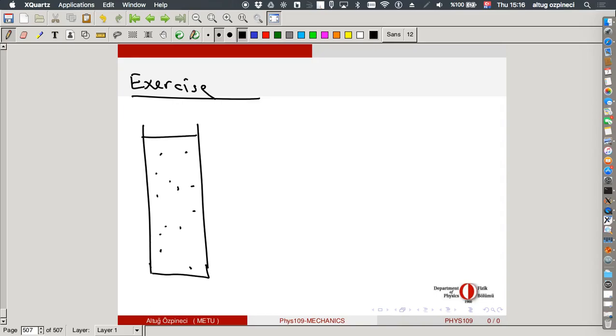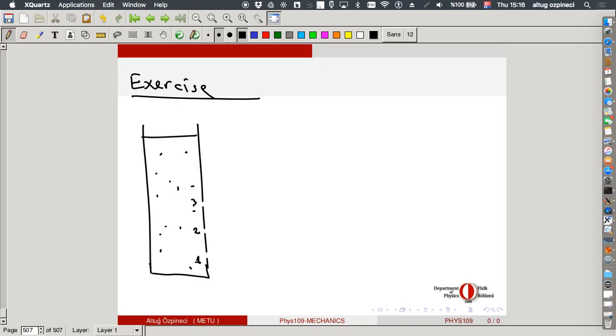And you create some holes. One hole here, another one over here, another one over here. Of course, the water will start leaking out. Let's say this is hole 1, this is 2, this is 3.